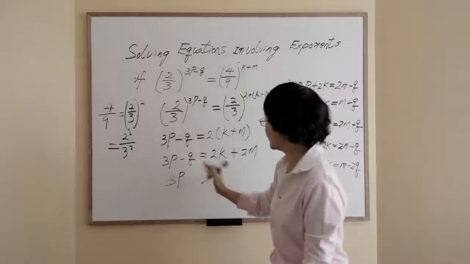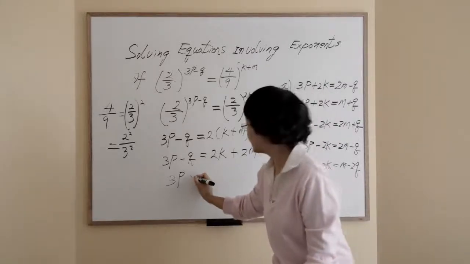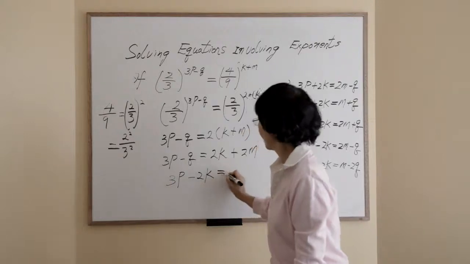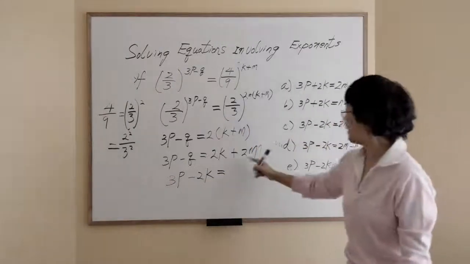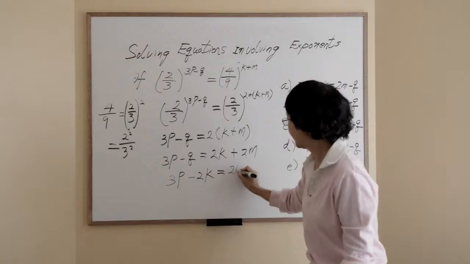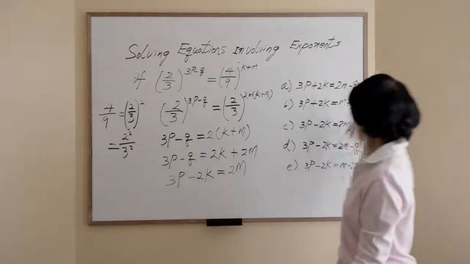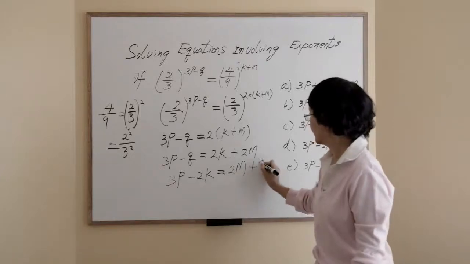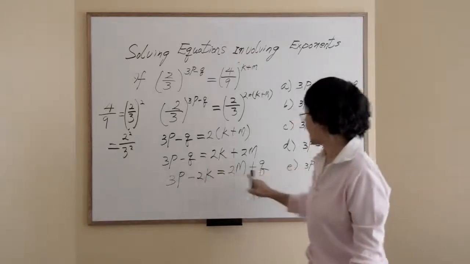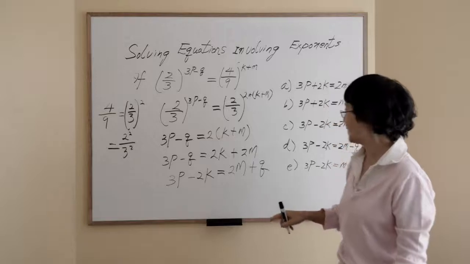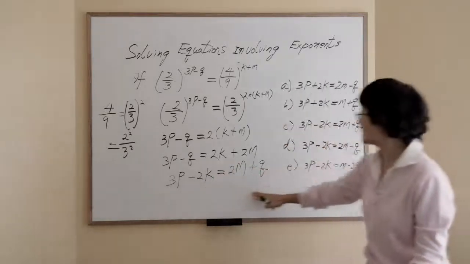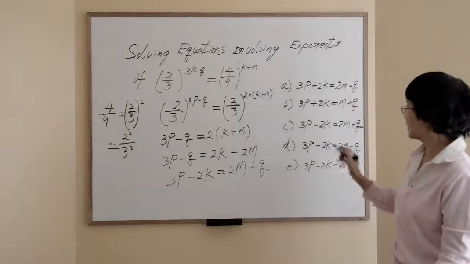So when I move the 2k over, it becomes what? Negative 2k. Now, I have the 2m remaining. And then q is on this side now, so move the q over, plus q. Negative becomes positive, and the positive 2k becomes negative. Now if you have this, look at here, you got c.